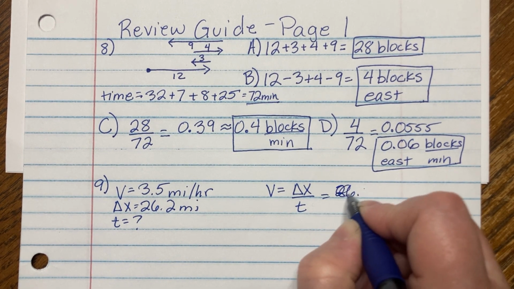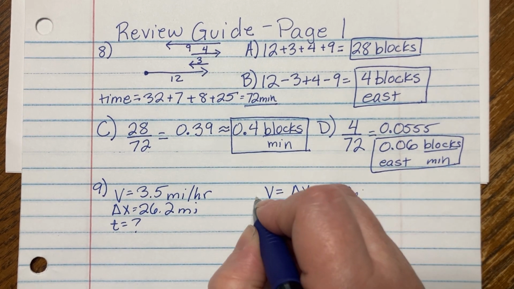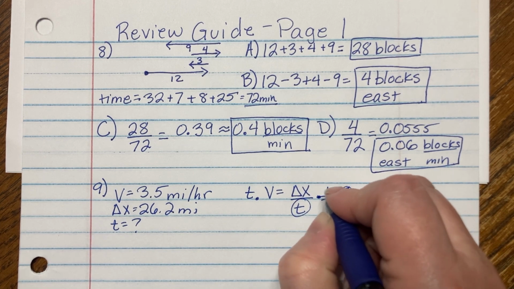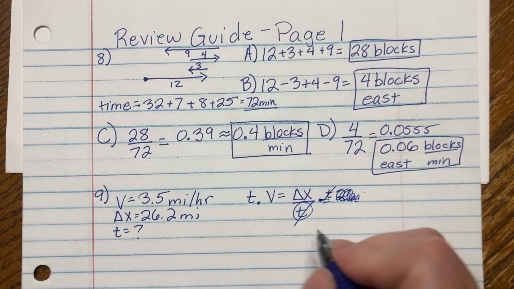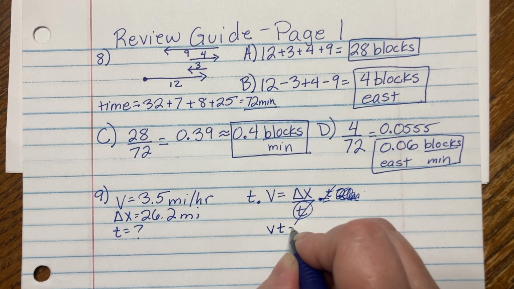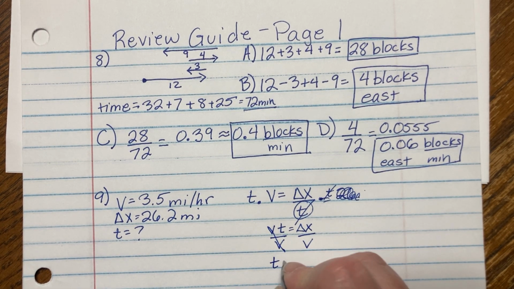Nope, I'm not, because I'm solving for t. So I'm going to go ahead and do that first. I'm going to multiply the t over here, so it'll cancel on this side, and I end up with v times t equals delta x. So then I divide the v over, so my t is going to be delta x over v.